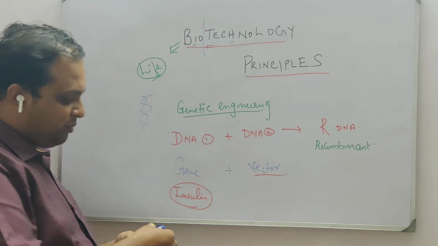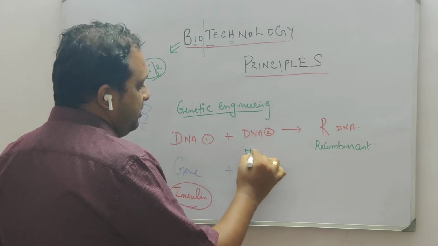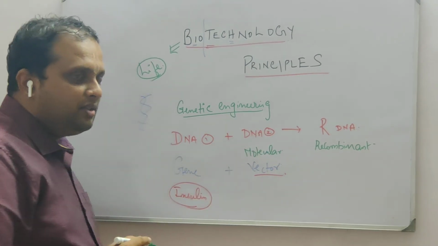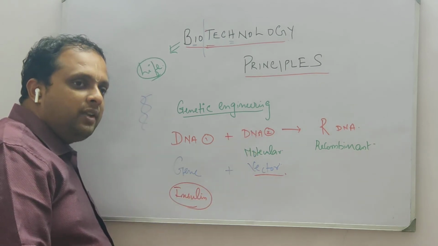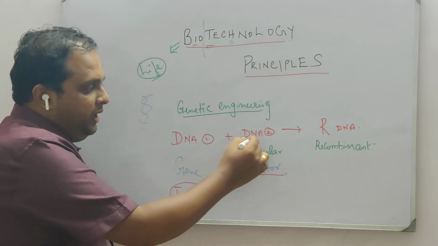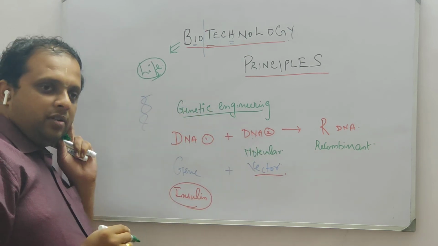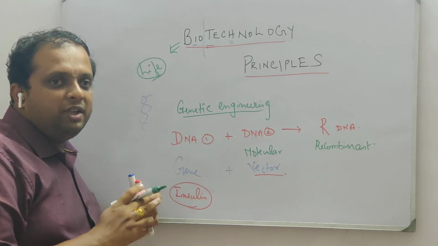Here the vector is a molecular vector, which means it is itself going to be a DNA. It has to carry something. It will carry another DNA. So DNA2 is going to be the vector, which is going to carry DNA1. That is the very basic meaning of the term vector.